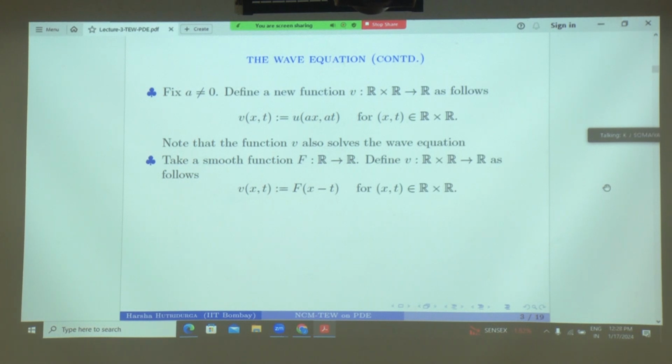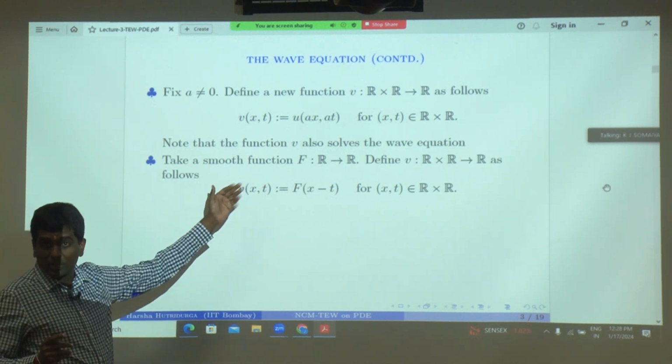Now this is another useful property, and this kind of hints at its relation to the transport equation that we have studied. You remember the very first equation that we studied, the transport equation, we said that, okay, any function of x minus t is a solution to the transport equation. And somehow a similar property holds for the wave equation also.